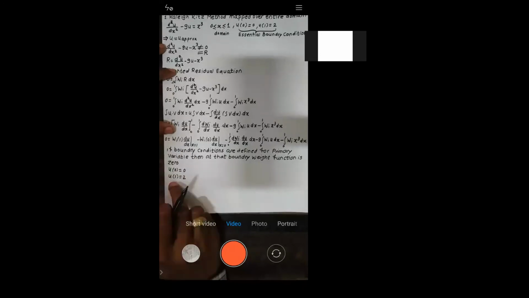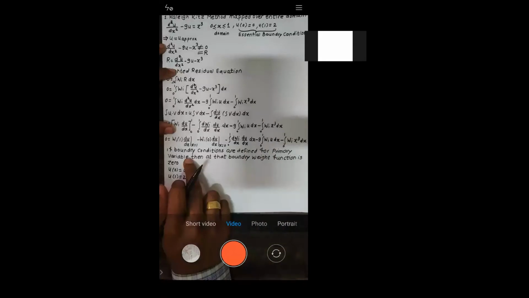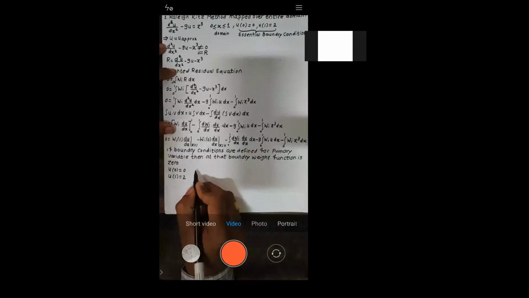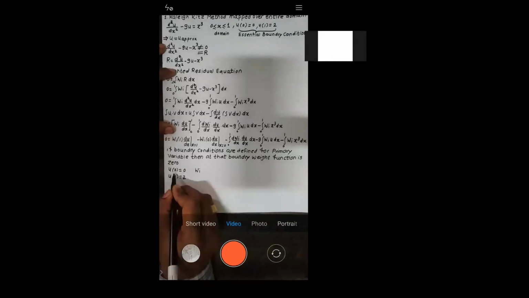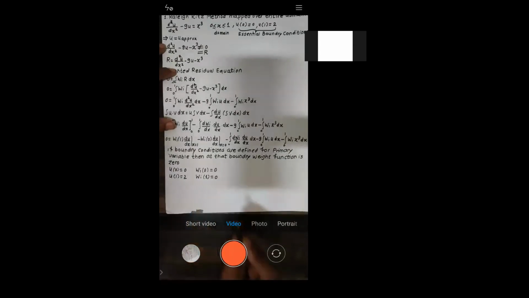Then if the boundary condition is defined for primary variable, then at that boundary weight function is 0. So if we need to calculate weight function at x is equal to 0, similarly, at x is equal to 1, it is 0. Have you understood this one? Let me know.